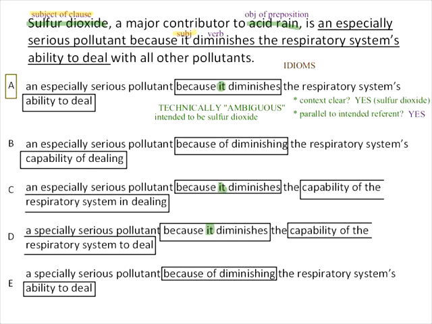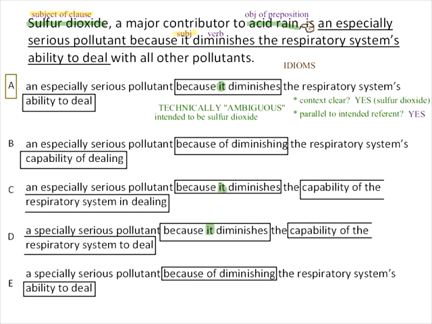Question is, could we have ignored the content between the commas? Well, when we're talking about the grammatical roles, then yes. For instance, to determine that this is the subject, you can safely ignore this modifier and just say sulfur dioxide is a pollutant. However, you've got to be careful, because the whole reason we have an issue in the first place here is because acid rain is the second reference.